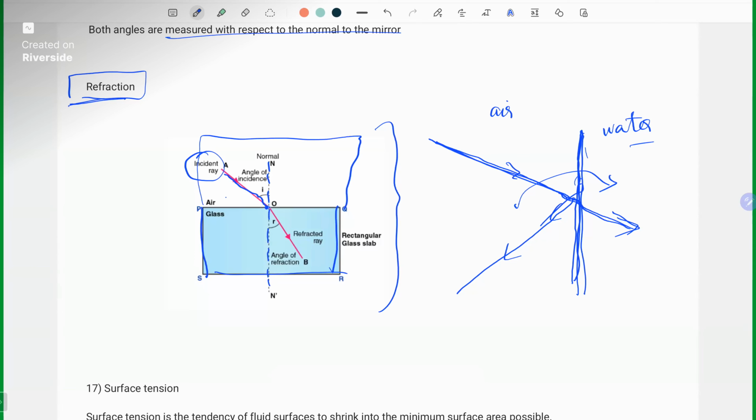When air and glass are there, glass is not a completely reflecting surface, so light enters it with this angle R, with this normal. So this angle is the angle of refraction, and this is the angle of incidence, both with respect to the normal. So this is the basic explanation of what is refraction.